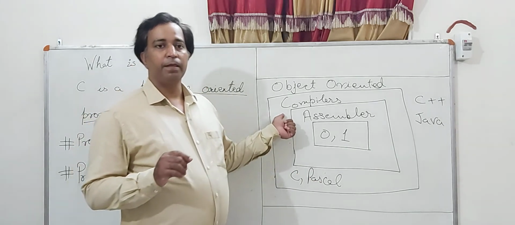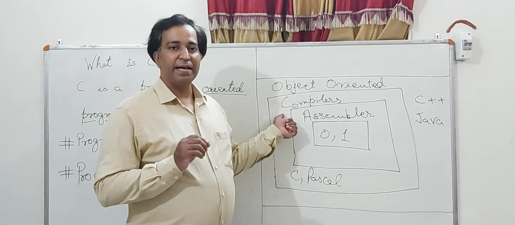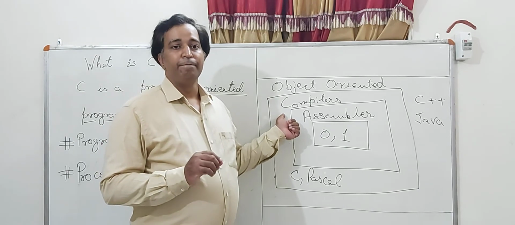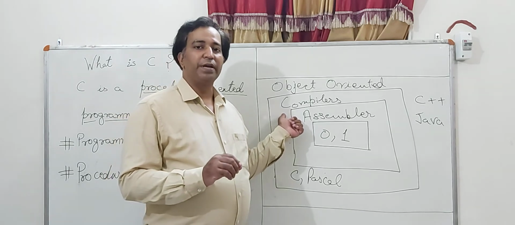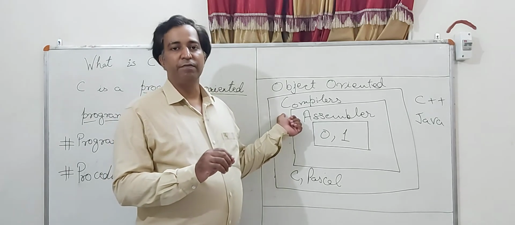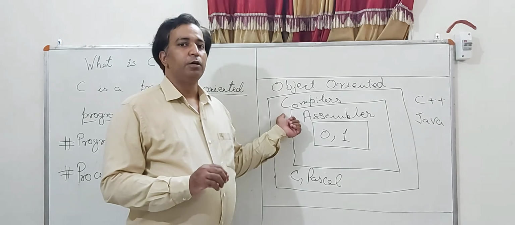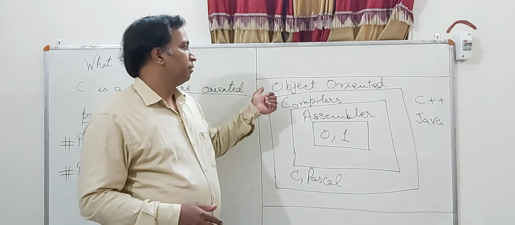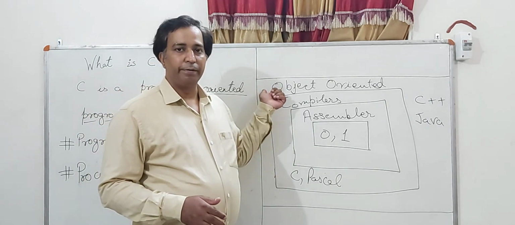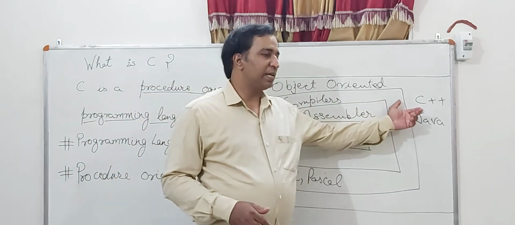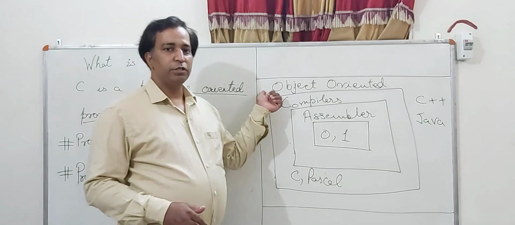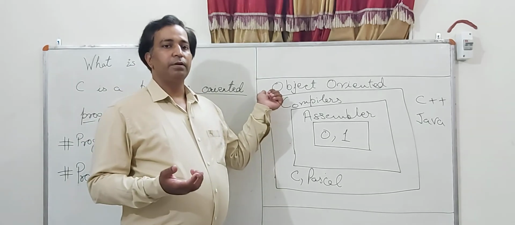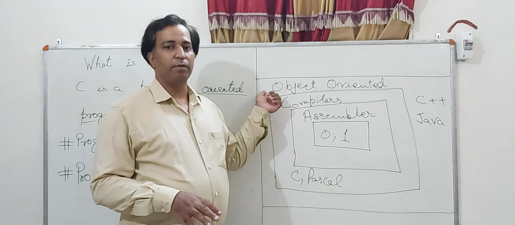But here the problem was, as it was procedure oriented, the complex programs and lengthy programs, the bigger programs, were very difficult to handle. To overcome that problem, we created object oriented languages, like C++ or Java. Object oriented languages have simplified our programming.